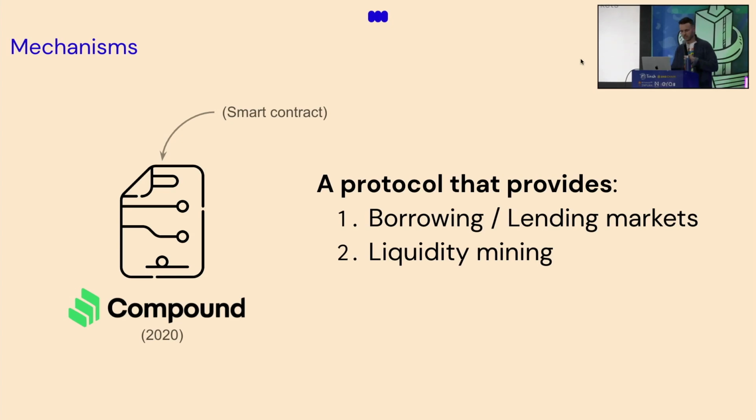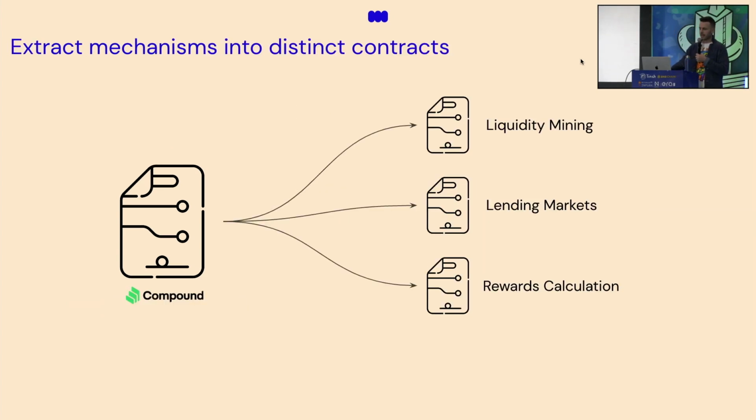So how do we do it? It's going to be complicated to some degree, but taking the Compound example, this is illustrative: the original Compound protocol has everything baked into a smart contract, and what I'm suggesting is that we extract certain mechanisms out into distinct smart contracts. I love the nodding. Being able to do that allows for a number of things, right?